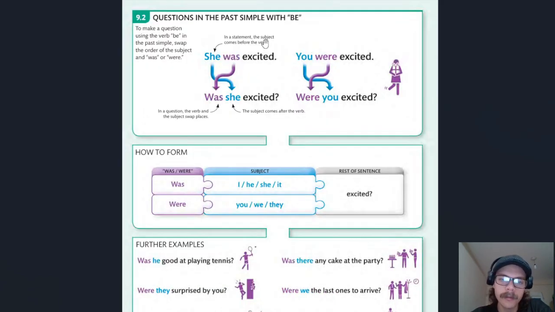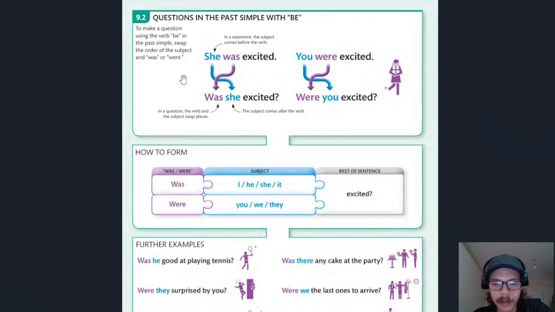Great. So for the final page, as I mentioned before, we are still reviewing questions for the past simple. The difference is, in this case, what happens when you have the verb be. And the answer is it's the same as the present.